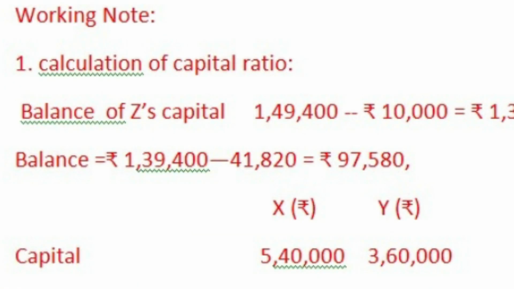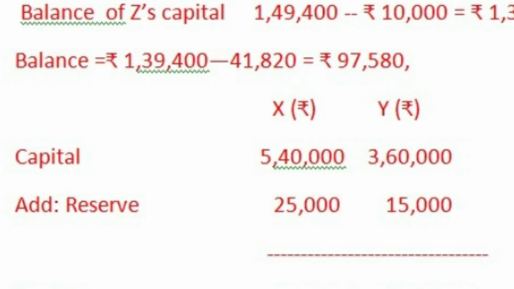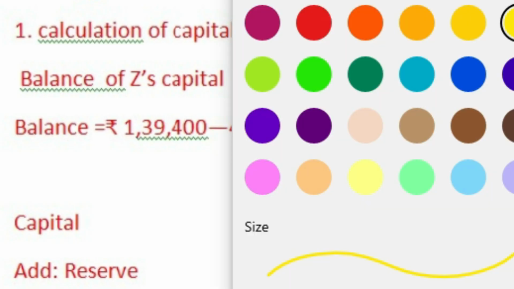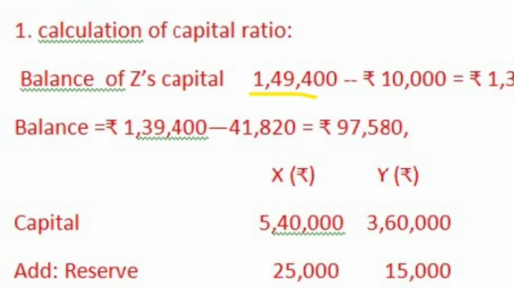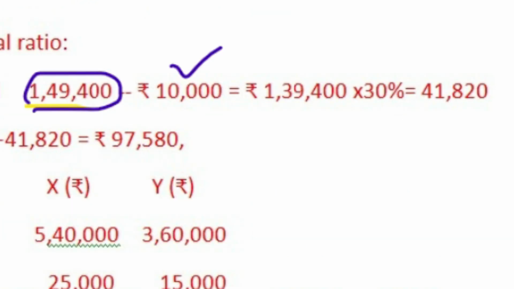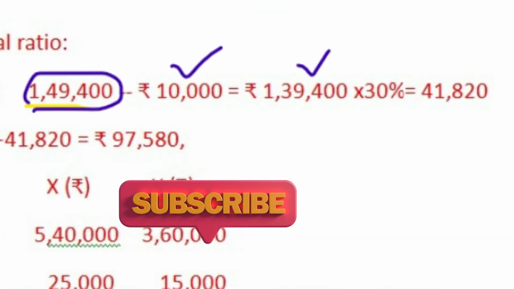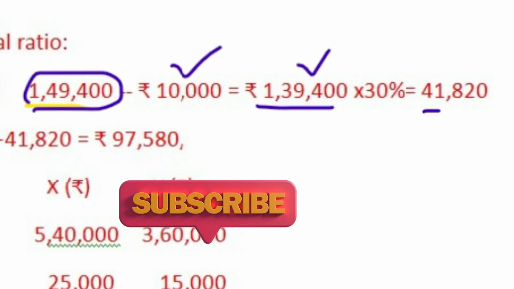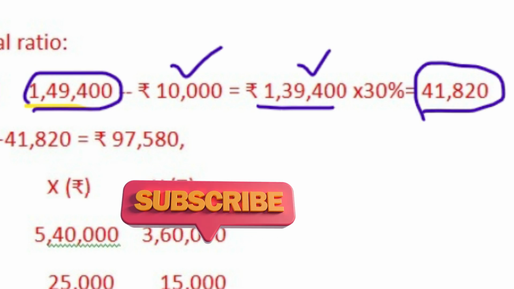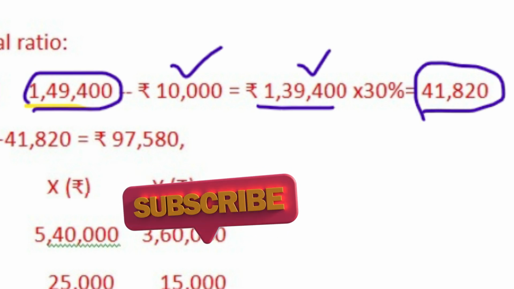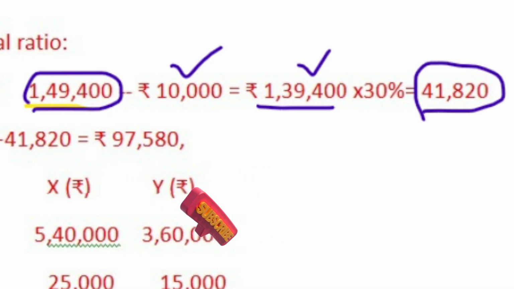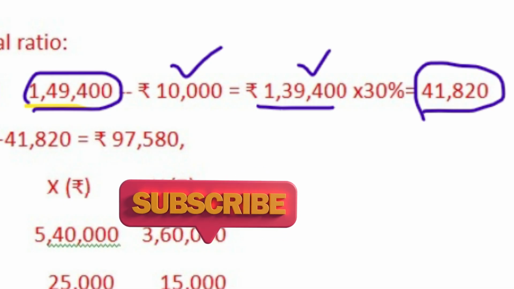Then I will show you this working note. Now you see here the total of the debit side of Z's capital is 1,49,400, and the credit side has only 10,000, leaving 1,39,400, and he will bring only 30% of 1,39,400. This will be 41,820. So out of 1,39,400 he will pay only 41,820.